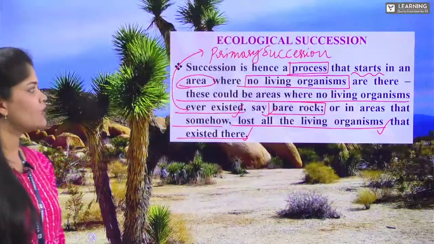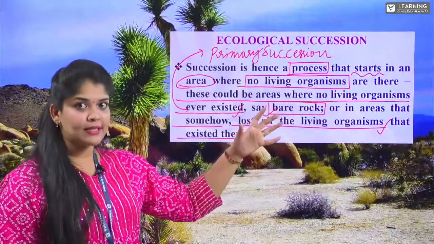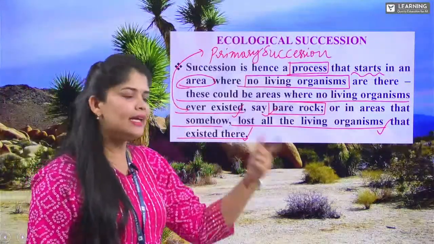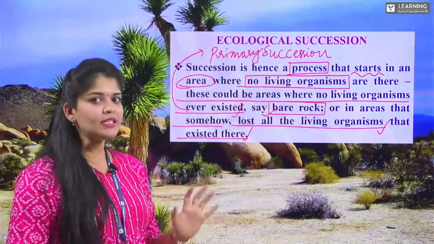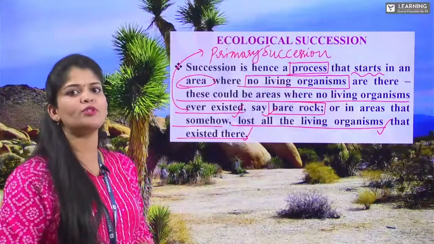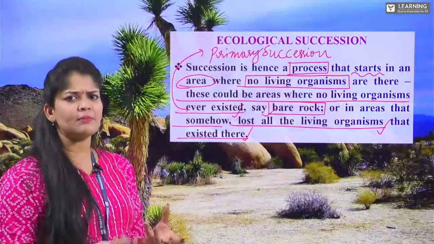Say bare rocks, where life never existed. That is where we see the primary succession. In the areas that somehow lost all the living organisms, that means the living organisms existed previously, but at this moment there is no existence, and this loss is due to some reasons.